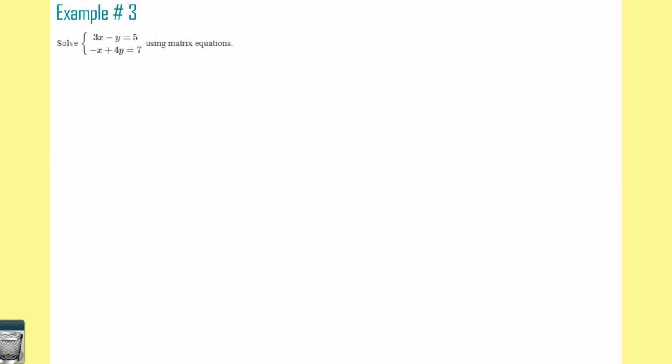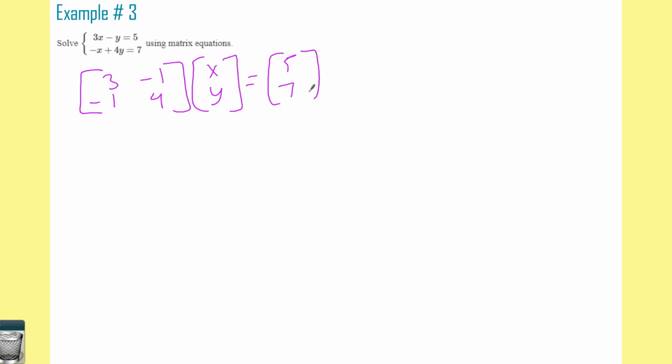So let's see. Like I said, they want to solve it using matrix equations. So we write this out. We have 3, negative 1, 4, x, y, 5, 7. So we need to find the inverse of that first matrix. So step 1, find the determinant. That's going to be 12 minus positive 1, so 11.